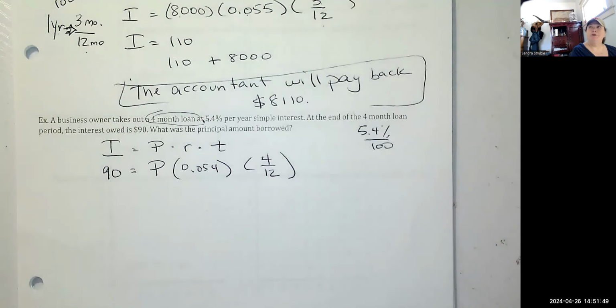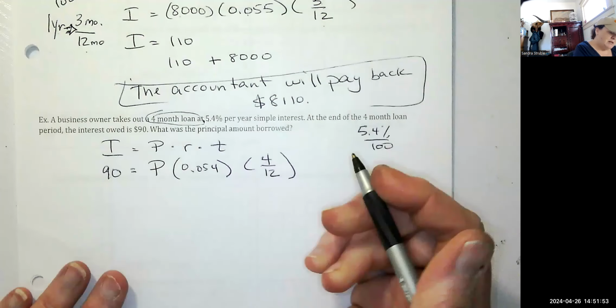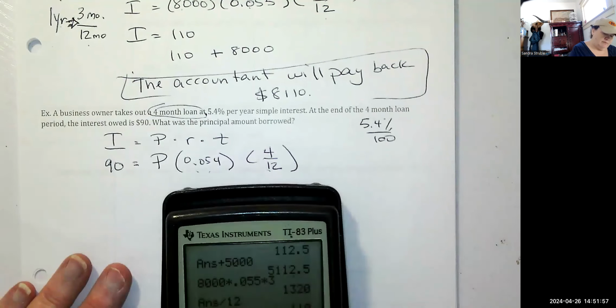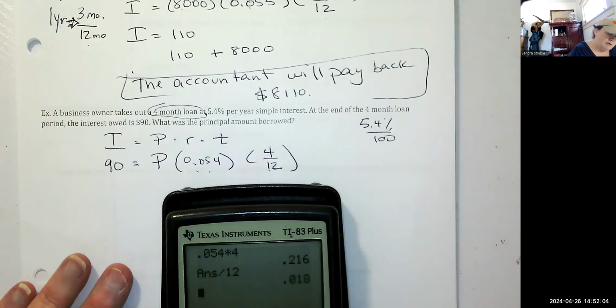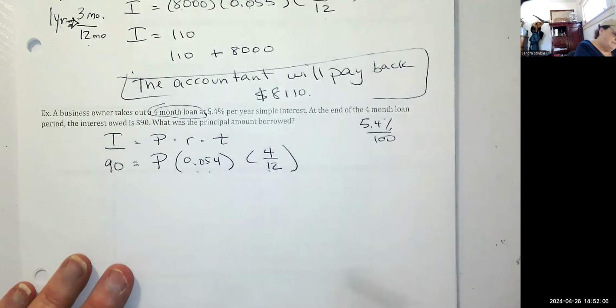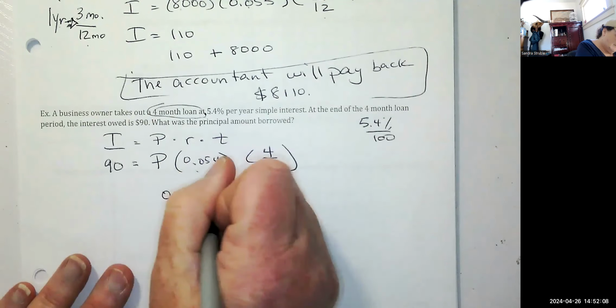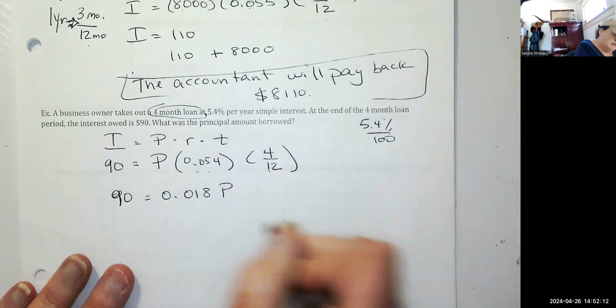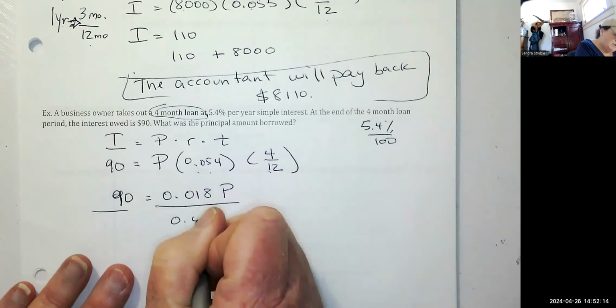If it was a year, it's a non-issue, just put 1, or however many years there are. So we're going to have to multiply these two. 0.054 times 4 divided by 12 equals 0.018 times P, that's 90. Divide both sides by 0.018.